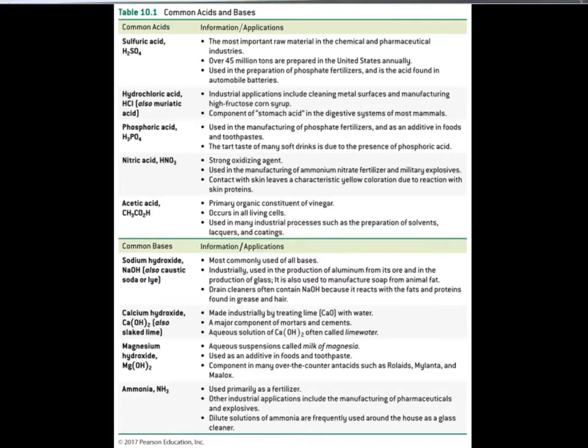And on the basic side, we'll use bases in cleaning and fertilizing. Anyway, this table is in your textbook. If you are interested, you can scrutinize it and see all of the different applications that acids and bases have in our everyday life. So let me make this figure go away for a sec.